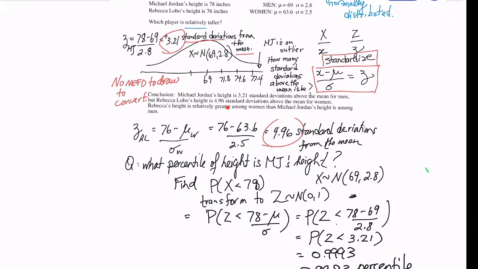What did we say about 4.96? Michael Jordan was 99.93.